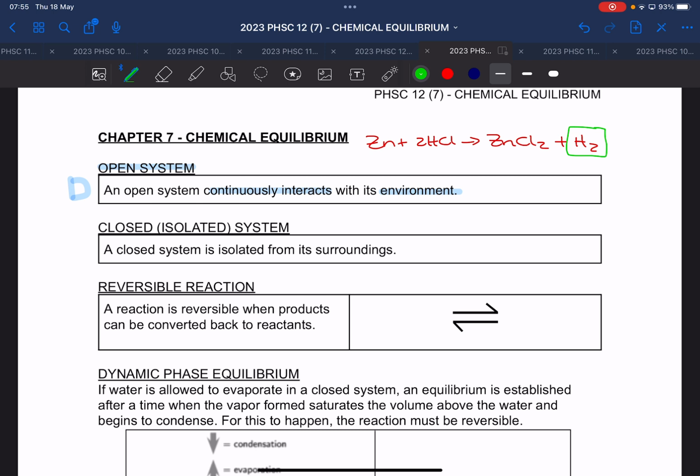So in your head you can think of a beaker that is not closed, where gas escapes.